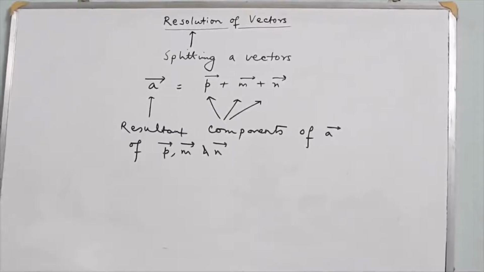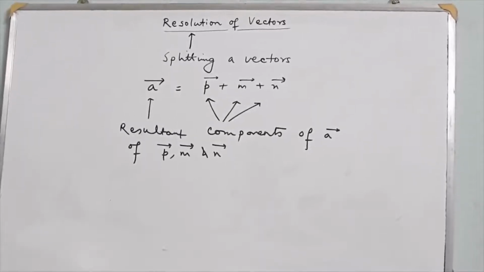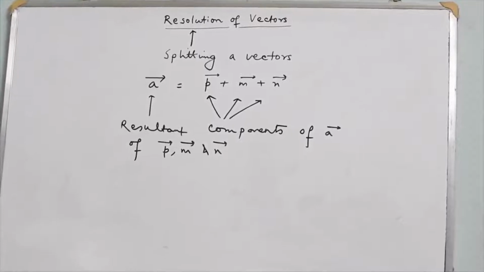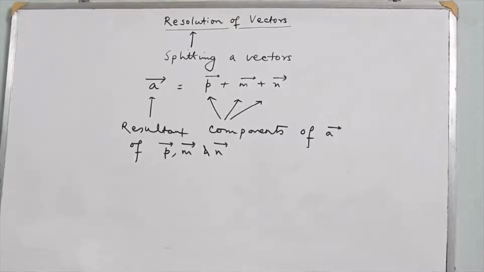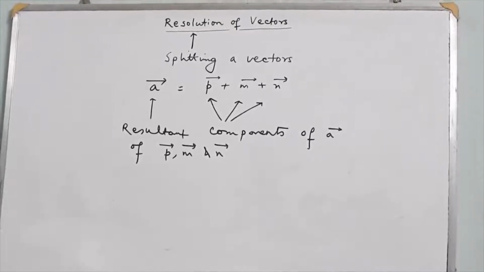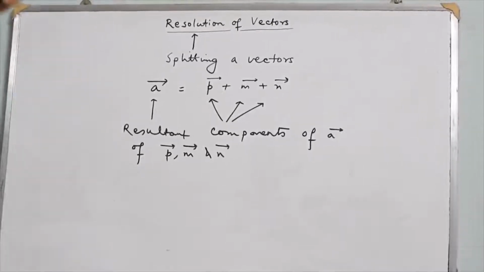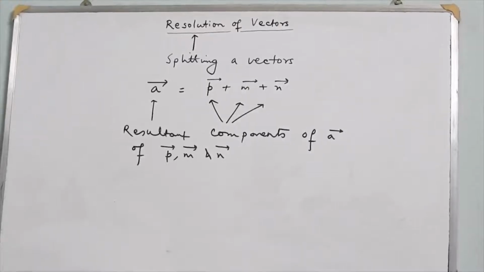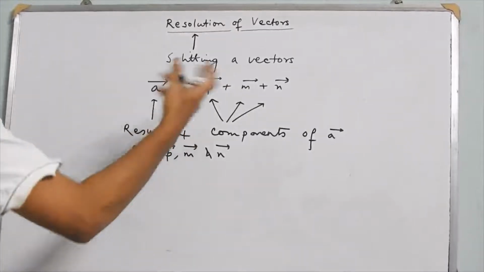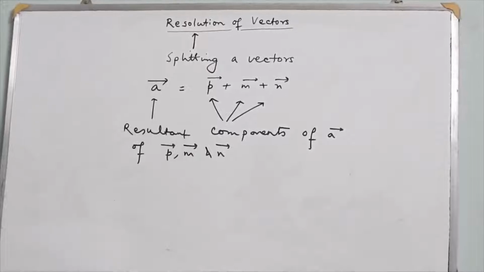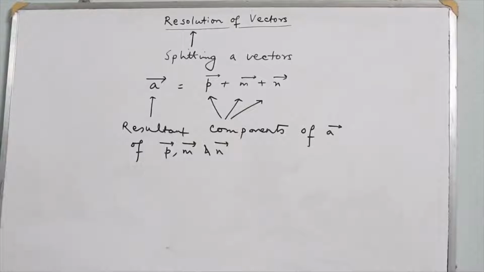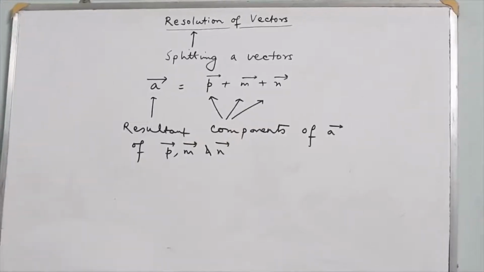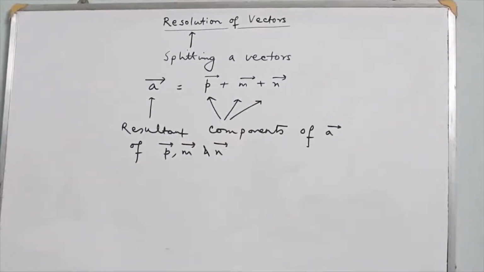But when two vectors are added, it produces only one resultant, whereas in resolution of vectors, you can obtain different sets of components. That means p vector can be further split into two or more components. Similar with the case of m vector and n vector. So it is not exactly the opposite process of addition, but it apparently seems so.